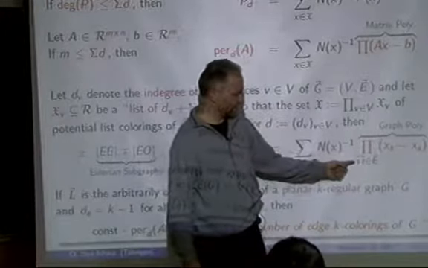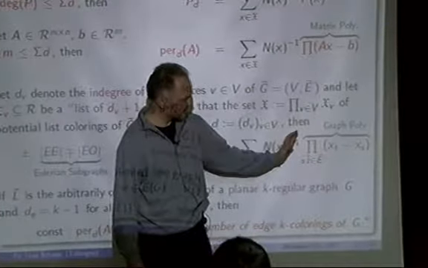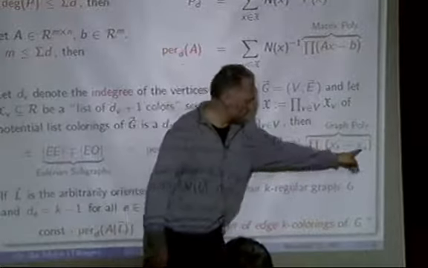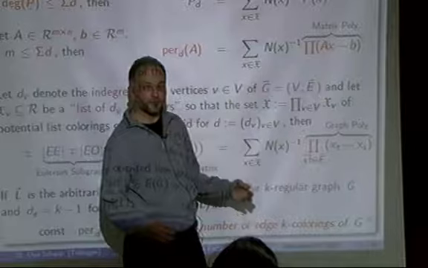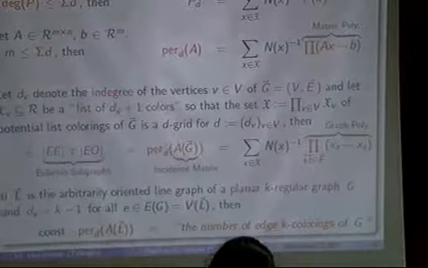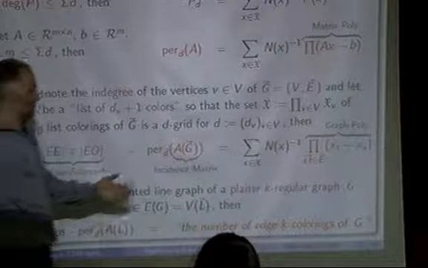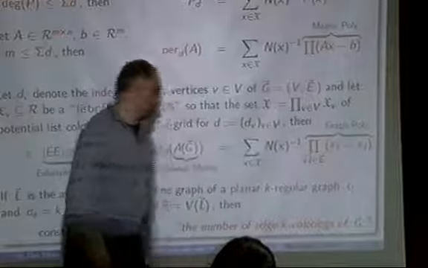There is an arc from S to T. And so if this product here is non-zero, then all the differences are non-zero. So it's a correct coloring. Okay? So we have this formula where somehow in this only correct colorings count here. Otherwise you get a 0.